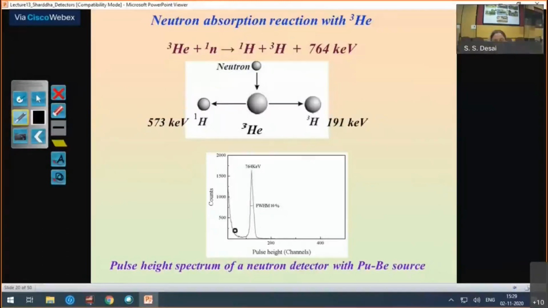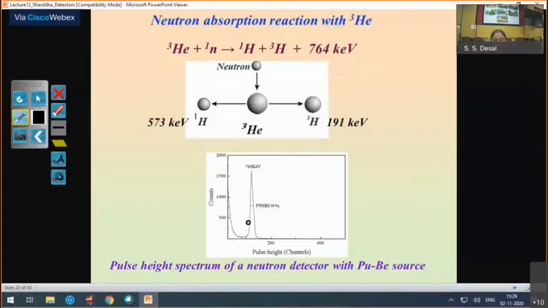Here I am showing you a pulse height spectrum of the neutron detector which has helium-3 as the neutron absorbent. Helium-3 results in a detector pulse output showing 764 keV. Just to caution you, this is not the neutron energy, but the energy of the reaction, the Q of the reaction, because the charged particles creating ionization have 764 keV.